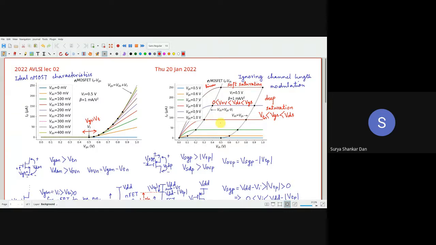Why and all that we will see later. That means the devices will always operate in the saturation region. So the analog operation is this, and this is the digital. When you are designing digital ICs, it's all about whether VGS is higher than VT or VGS is lower than VT. This is what you will be designing. If you come into this diagram, where is the digital domain? Can anybody tell?